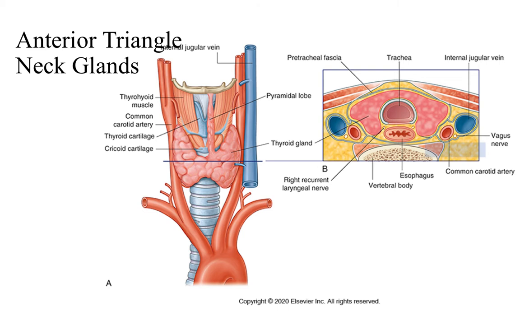All right, glands of the anterior triangle. The primary one being the thyroid gland, and remember the thyroid gland is invested within this pretracheal fascia right here, just anterior to the trachea.